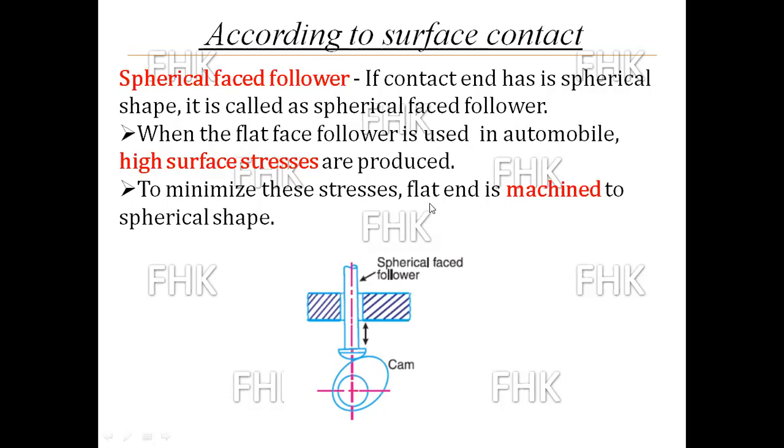To minimize these stresses, the flat face is machined to a spherical shape. That means the problem produced in the flat face follower, that is excessive high surface stresses, is reduced due to the spherical shape.